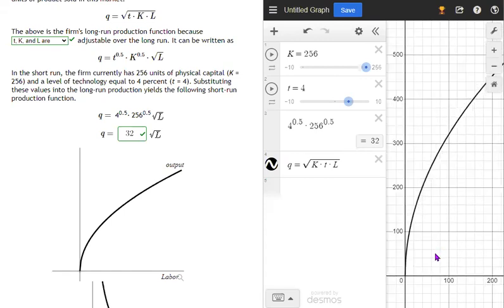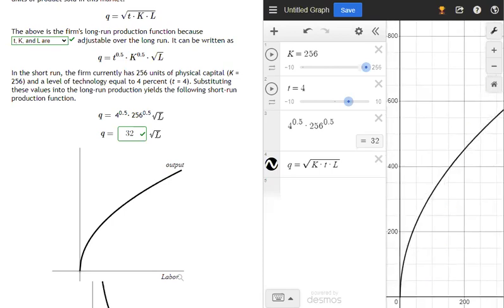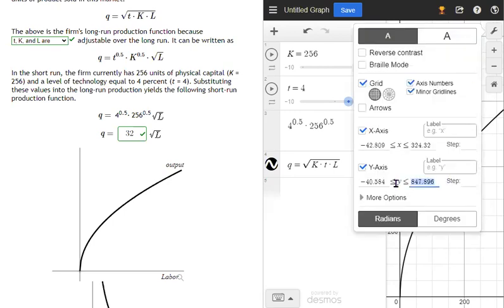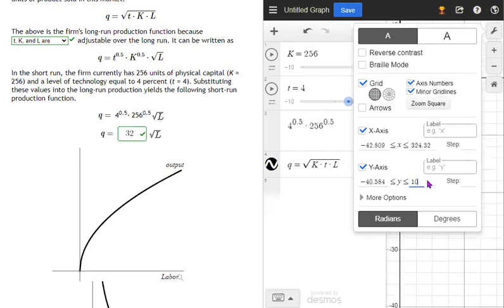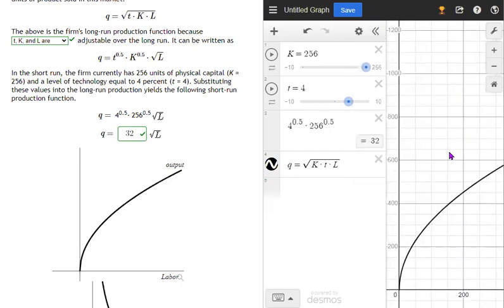I'm going to squeeze the y-axis a little bit. I'm going to put in maybe 1,300. So I've squeezed the y-axis, the output axis, to make it look more like the one that's in my open math.